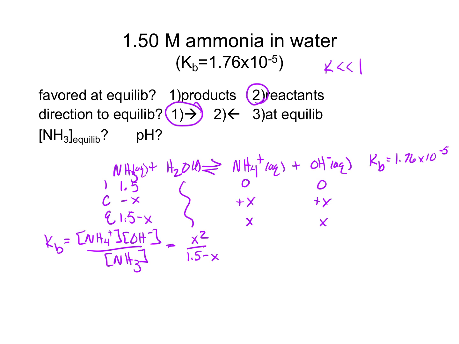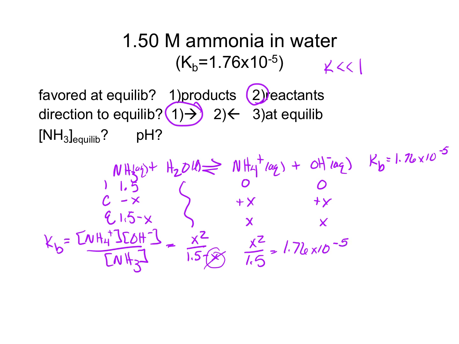Now I've brought myself to assumption land. We've made it back to sort of where we began in equilibrium. If my K is very, very small and my concentration initially is reasonably large, I can get rid of that X, assuming that X is very small and that the change of the initial concentration is negligible. So I then get X squared over 1.5 is equal to 1.76 times 10 to the minus 5.